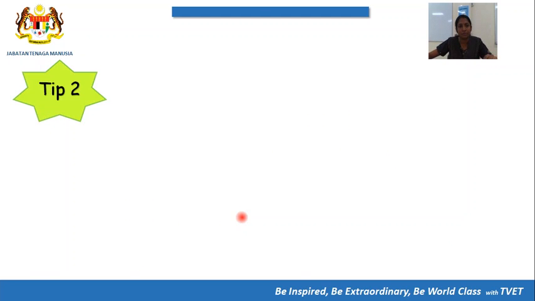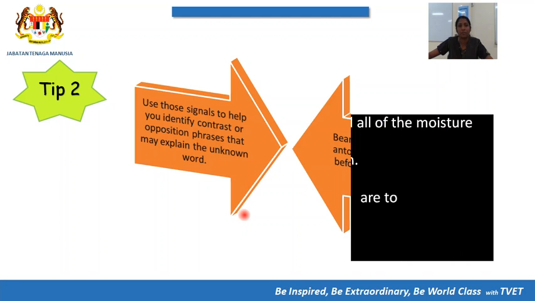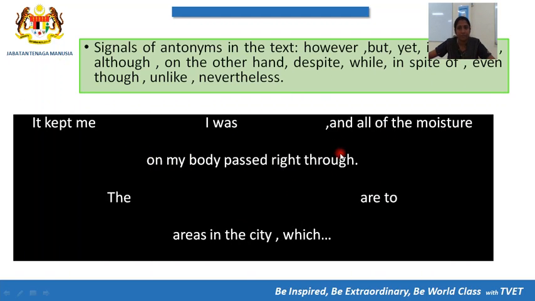Okay, so tip number 2. Use those signals to help you identify the contrast or opposition phrases that may explain the unknown word. But we have to bear in mind that the antonym may appear before or after these signals. It's the same thing as with synonyms.